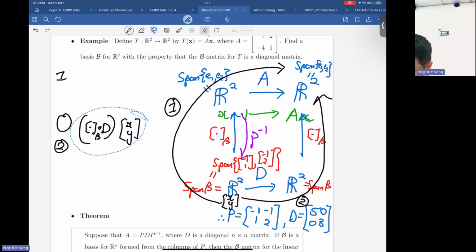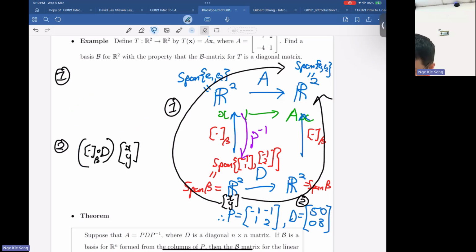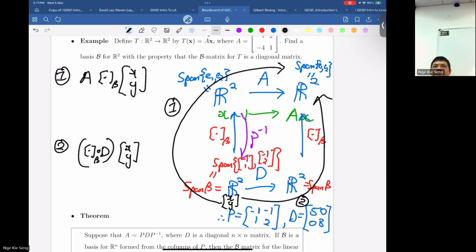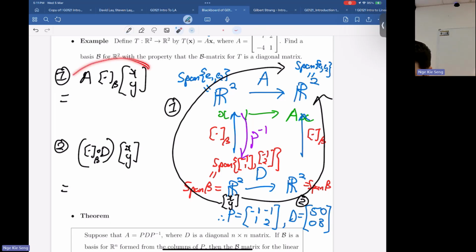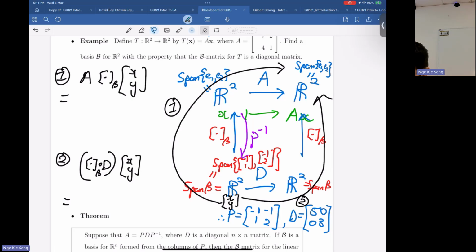Okay, this one is path 2. How about path 1? What do we do first? We do the coordinate mapping first, and then we do A. Okay, these two should agree. We follow these two arrows here. Which one are we going to compute first? Let's compute the first route first.